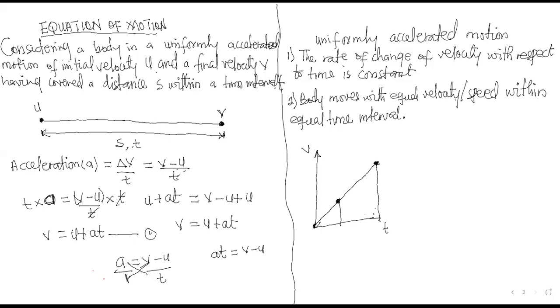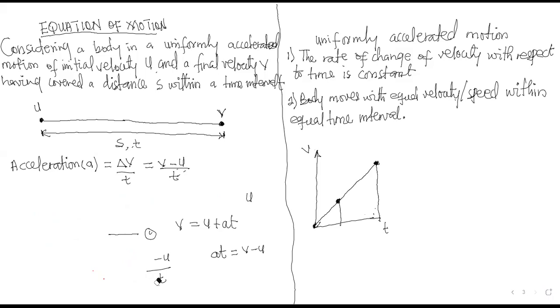All right. So this is how to derive the first equation of motion. Very, very simple. You consider a uniformly accelerated motion, with initial velocity u and final velocity v. Then you determine the acceleration, and v is equal to u plus at.